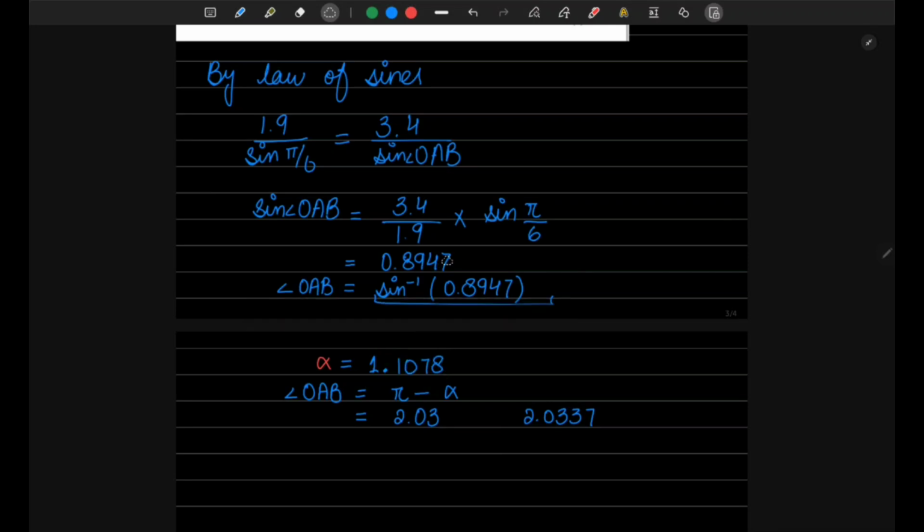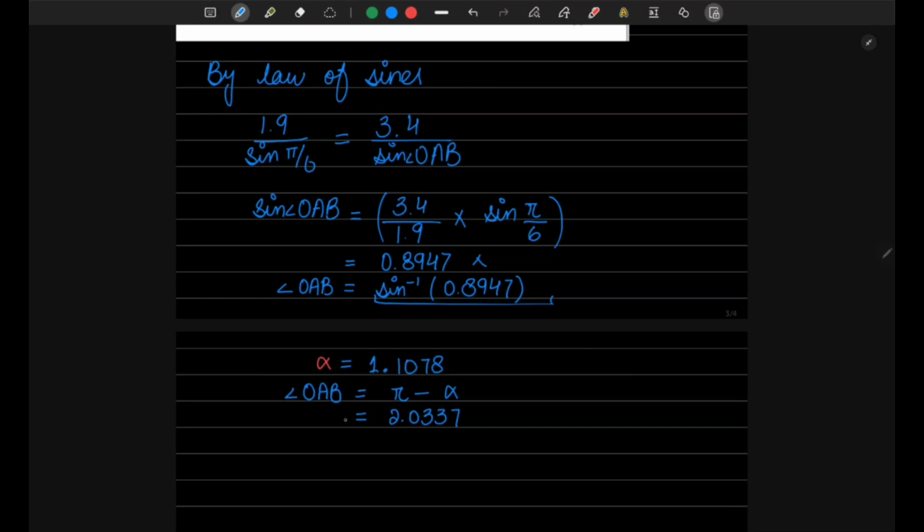So skip this step. Don't write this and then do sine inverse; directly do sine inverse of this whole value, so it will give you a more accurate answer. So it will give you 1.1078. Then when we do pi minus alpha, it leads us to 2.0337.